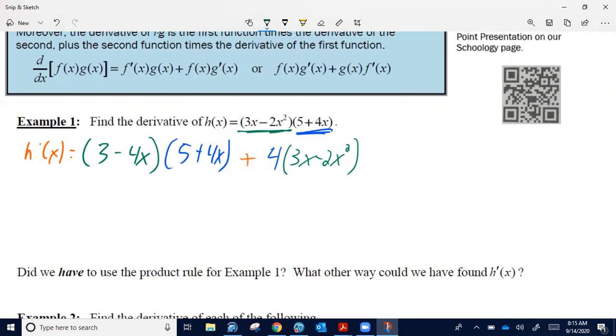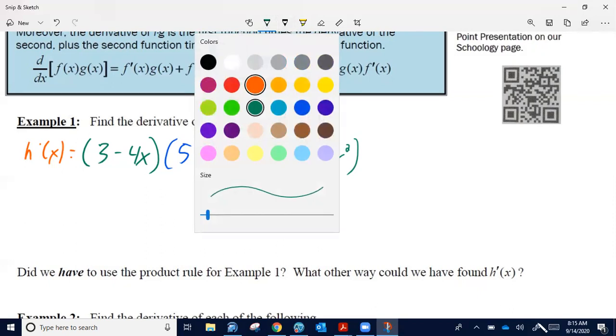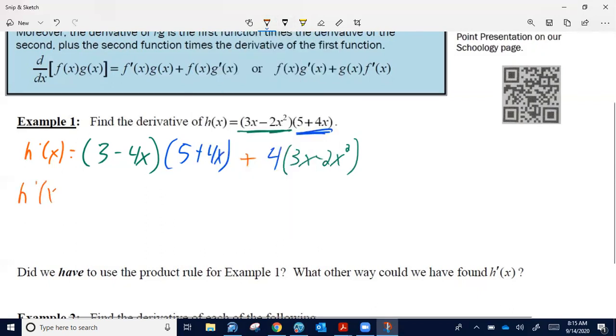Derivative of the first part times the second part unchanged plus derivative of the second part times the first part, unchanged. Here they'd probably clean this up a little bit. I'm going to FOIL out this group. That's going to give me a 15 plus a 12x minus a 20x minus a 16x squared.